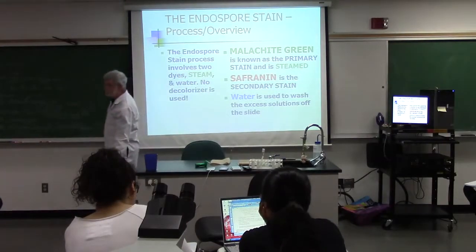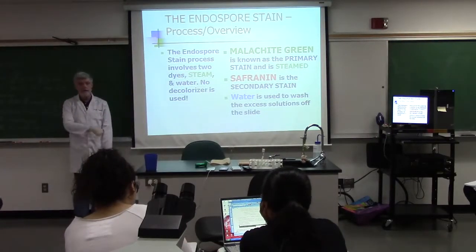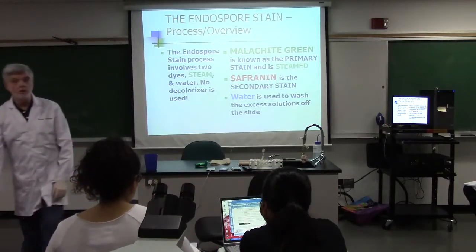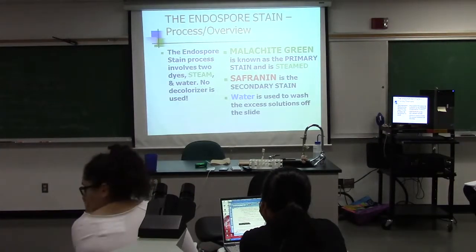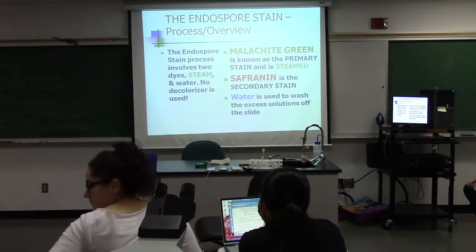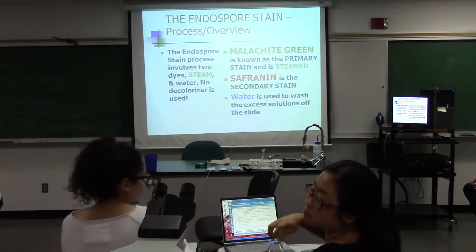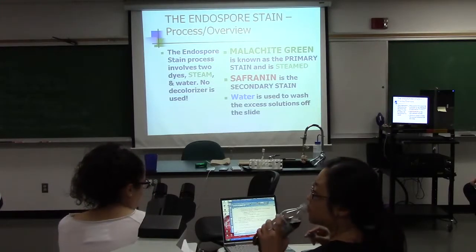You're going to make your smear, and you're going to cover it with malachite green, and you're going to do that through the Bunsen burner again, where you pass it through and hold it out, pass it through and hold it out, and you're gradually raising the temperature of the primary stain until it begins to evaporate about 10%.